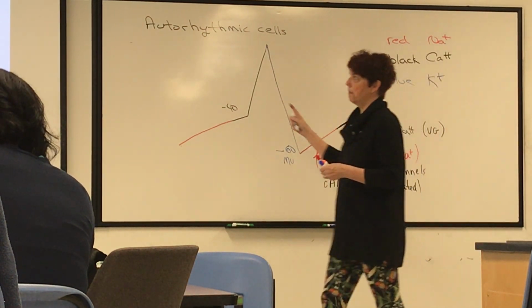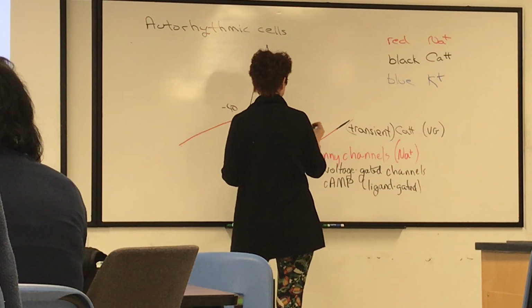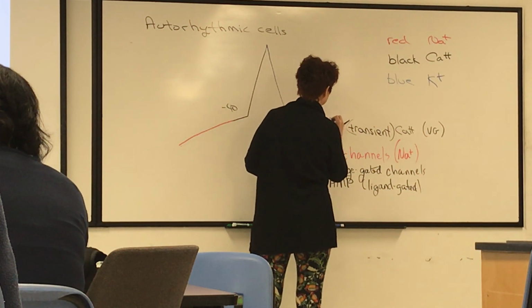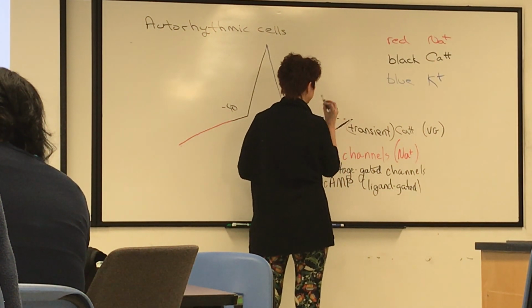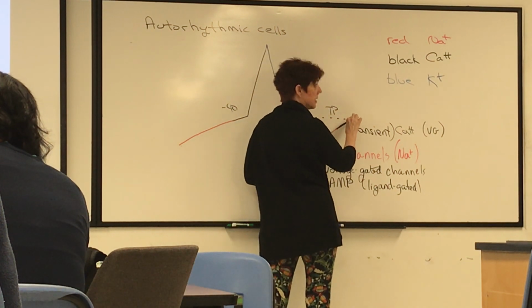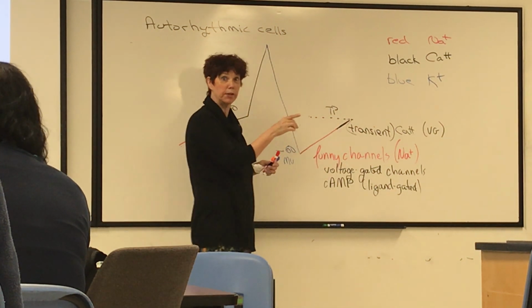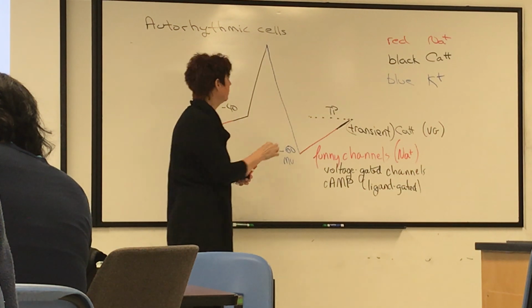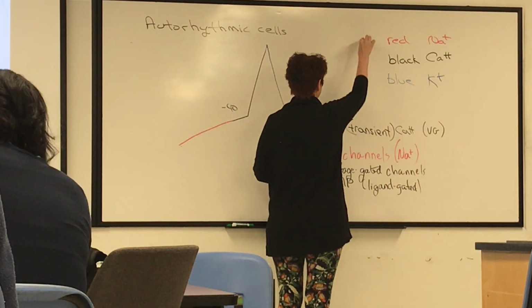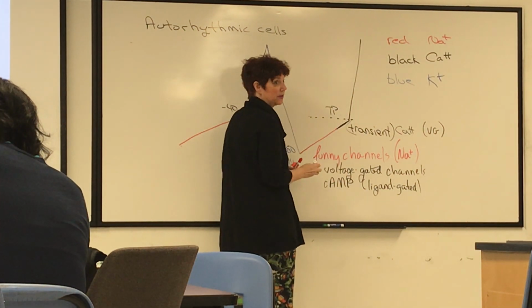When it gets to our minus 40, that's the threshold potential. And that opens, instead of voltage gated sodium, which is what we're used to for our neurons and our skeletal muscle cell, calcium channels.